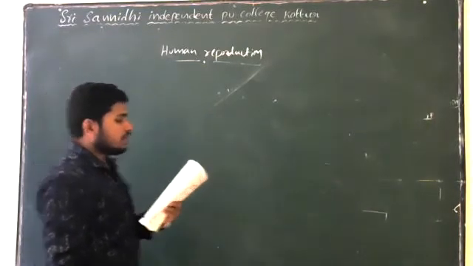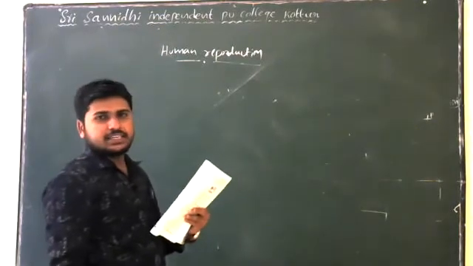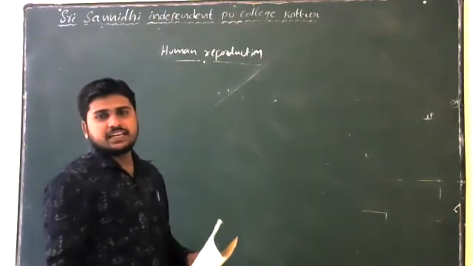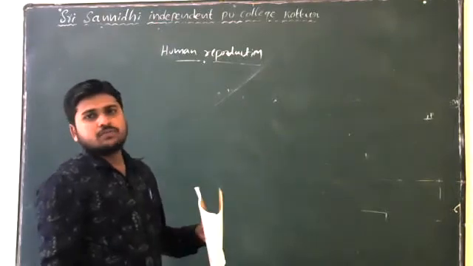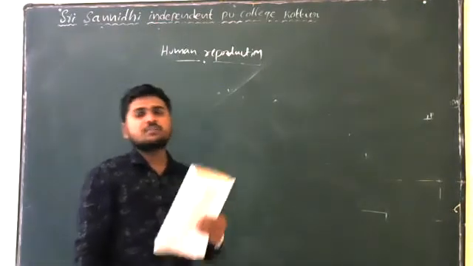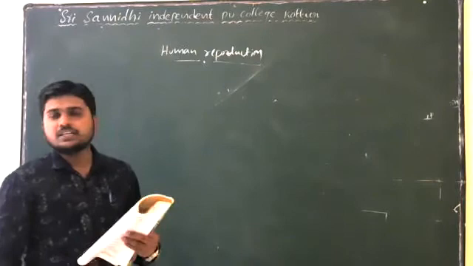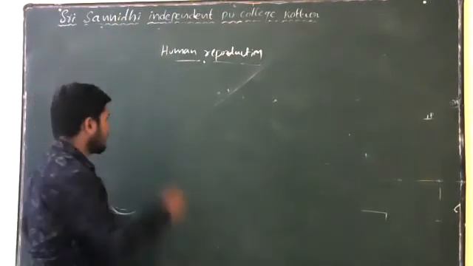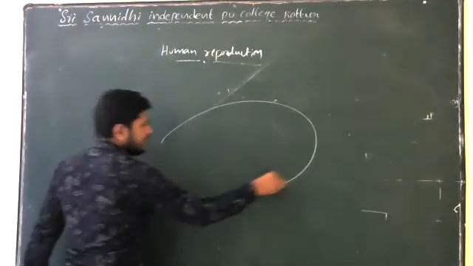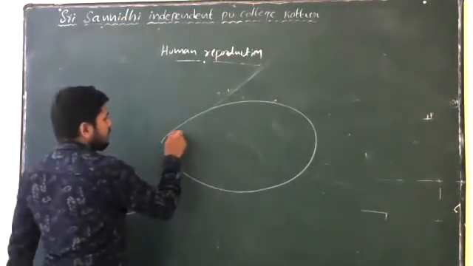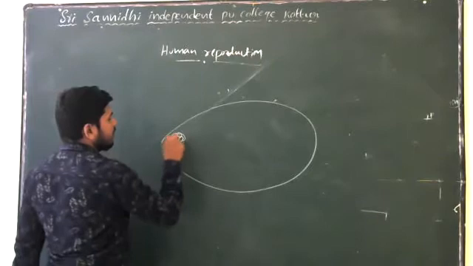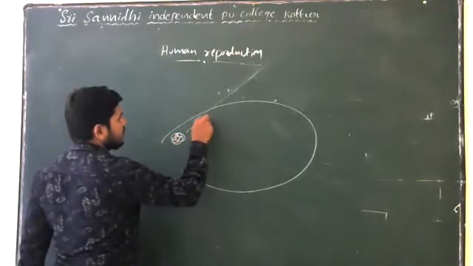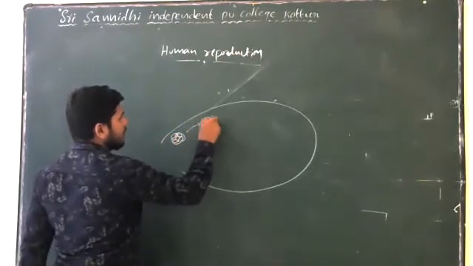Full development of Graafian follicle, this is the event. It is very essential. If there is no formation of Graafian follicle or mature tertiary follicle, there is no release of ovum. There is no ovulation process. That's why in the ovary, primary follicles get converted into secondary follicle.